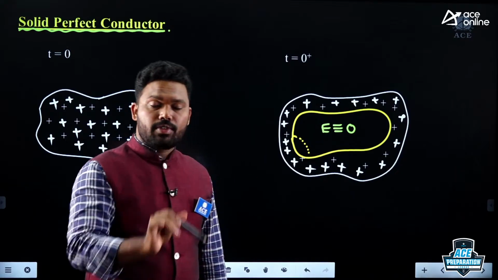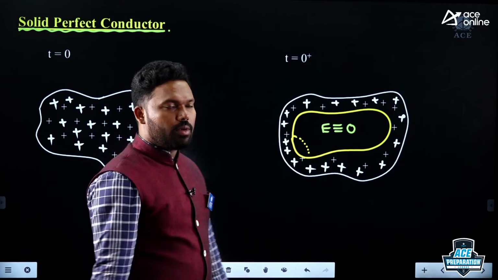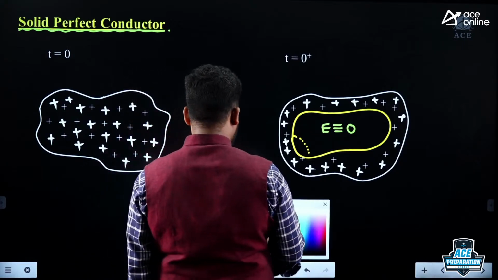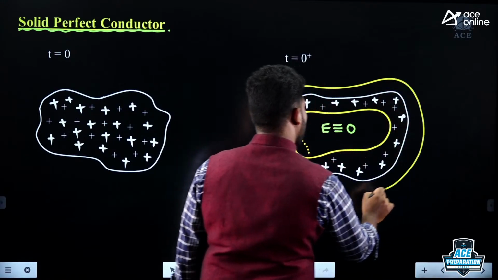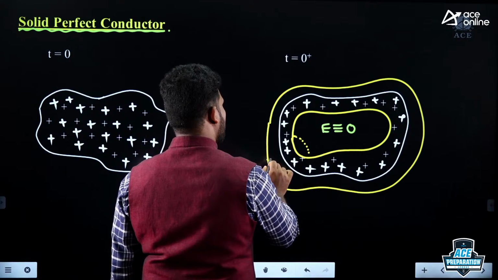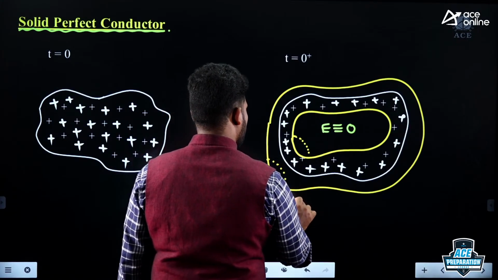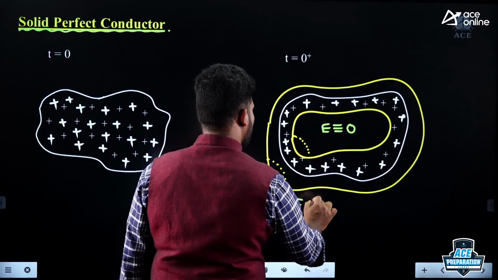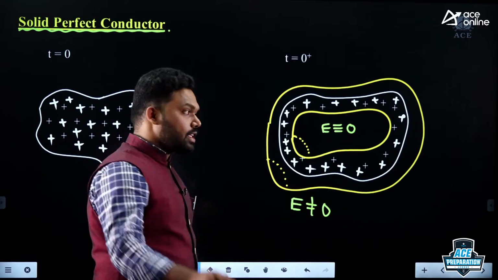So inside the perfect conductor, the net electric field is 0 everywhere. Extremely important observation in your electrical engineering. Now I will consider the Gaussian surface here. Is there any charge enclosed? Yes, there is a charge enclosed. So there will be an electric field. So the electric field is not equal to 0. And how does the electric field exist on the conductor?